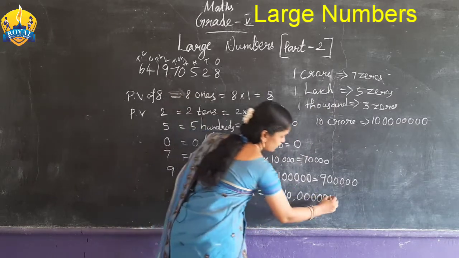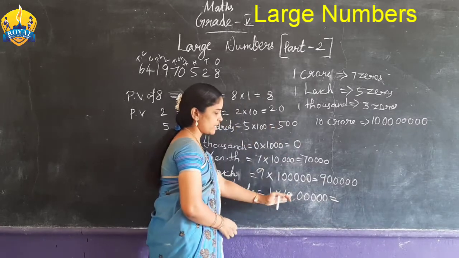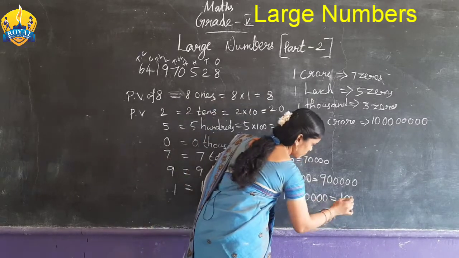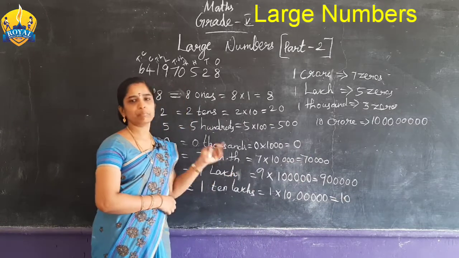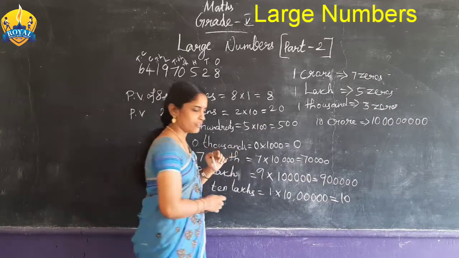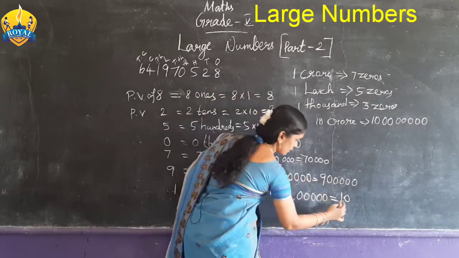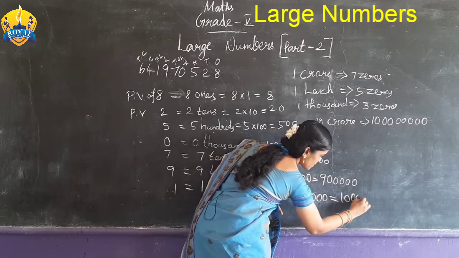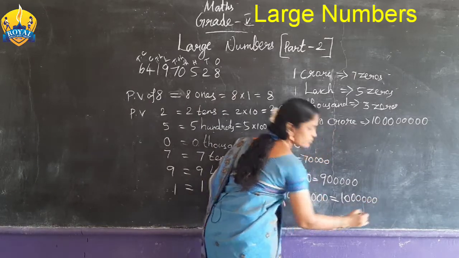Is it easy? So 1 into 10 lakh is 10 lakh, because any number multiplied by 1 gives the number itself. So 10 lakh means 5 zeros.